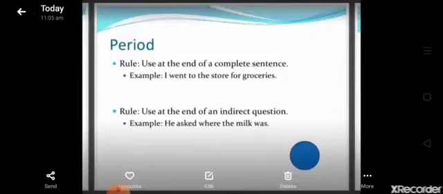Second, use it at the end of an indirect question. Example, he asked where the milk was. Full stops are used in abbreviations also, but are often omitted now in accordance with the modern style. Like M.A., we put a dot after M and then A. Nowadays, we write MA directly, or MP or UNO.